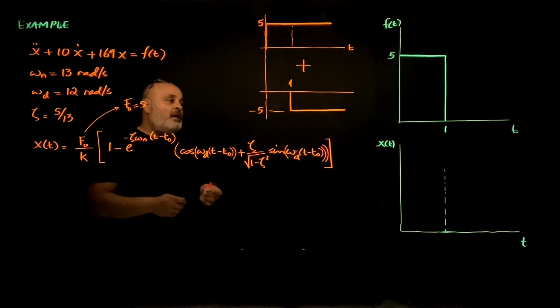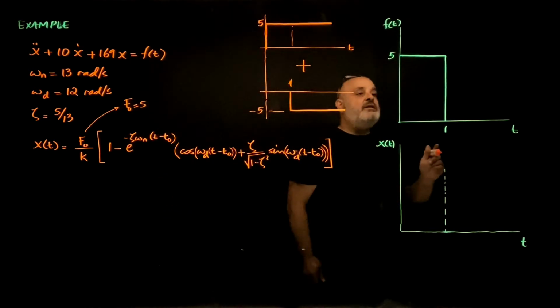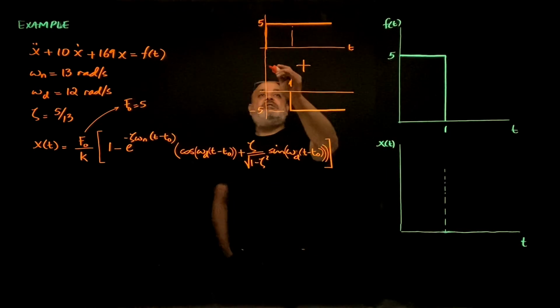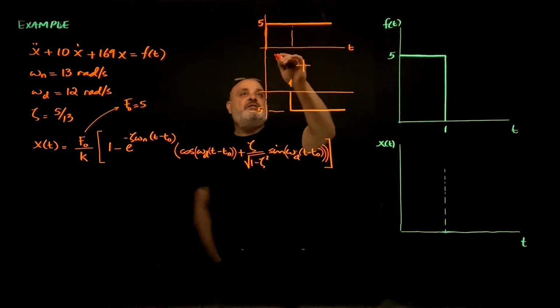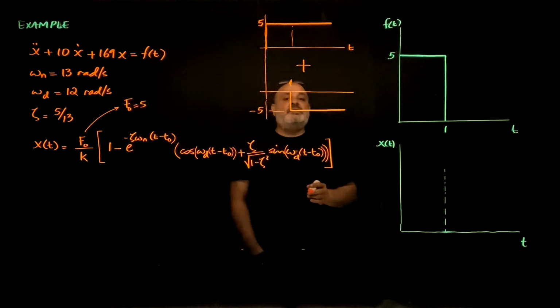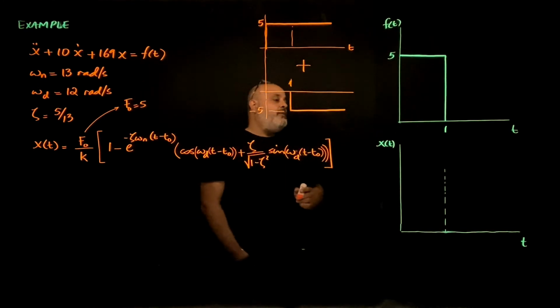So now let me determine the response due to the first step. The first step exists alone between 0 and 1 second. The second step does not apply until we reach the 1 second marker.